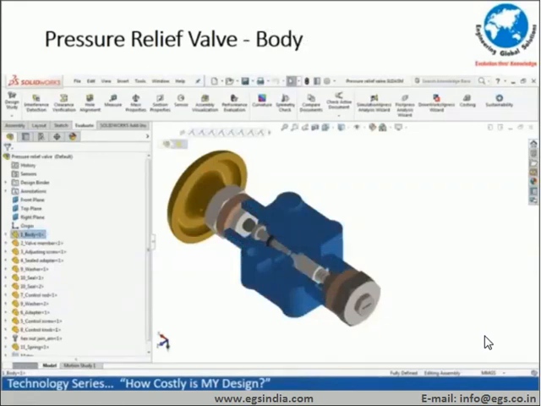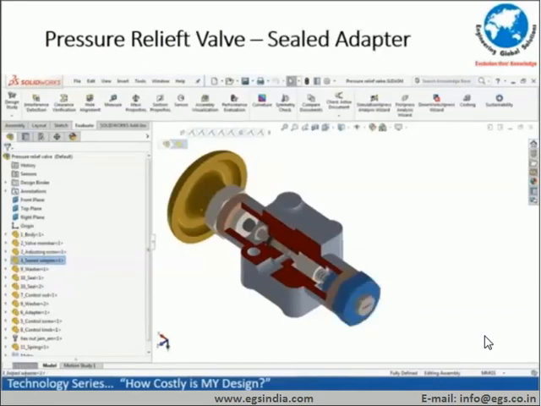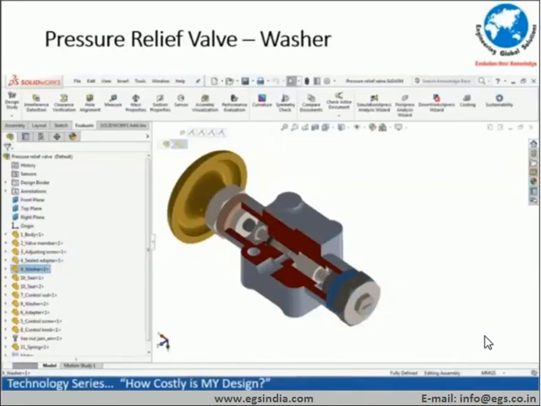The components are the valve body, which orients or locates the rest of the components and sub-assemblies in place, followed by the valve member, as shown in blue, as the components keep getting highlighted one after the other. Then you have the adjusting screw on the right-hand side for the pulsating pressure, followed by the seal adapter which houses a seal, followed by the washer which comes between the body and the fastener.